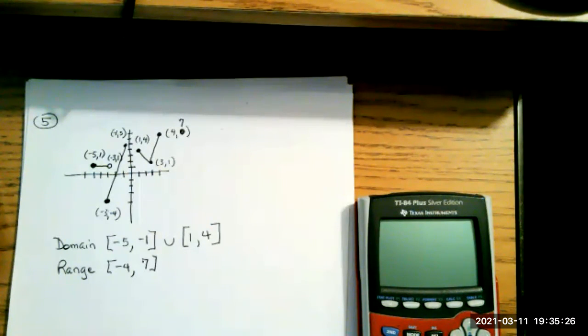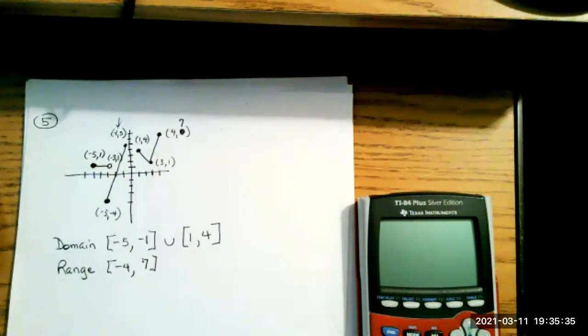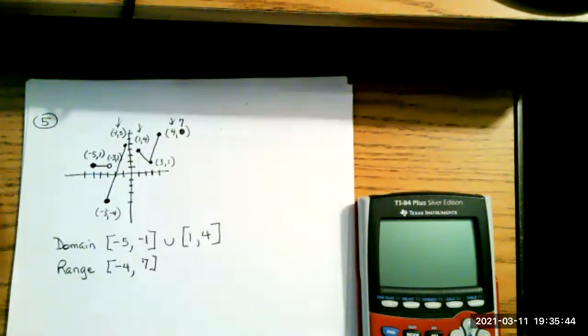The lowest X, and then the highest X, which would be -1. Yep, right here. And then once we did the union, it's 1 to 4. Okay.